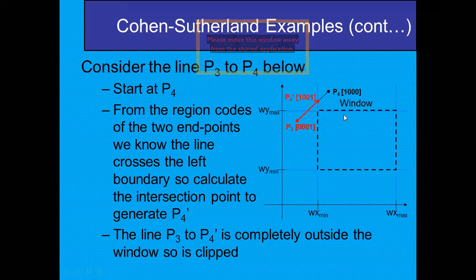Now we will again solve one or two numericals over this so that you can clear this doubt also. Okay. So the line P3 to P4 is completely outside the window, so it is clipped. Okay, so we will clip the red portion only, but we will retain this portion.